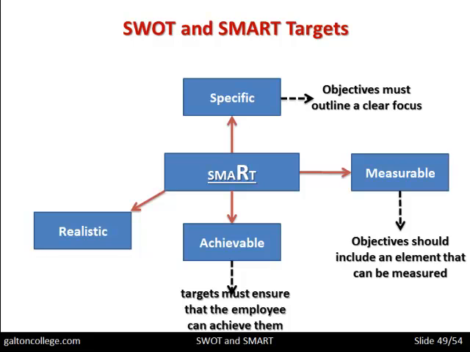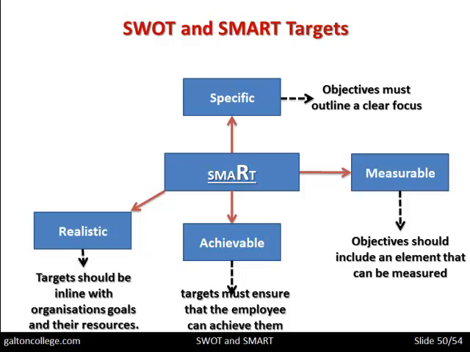The R is realistic. Targets should be in line with organizational goals and their resources. They should be realistic targets. Take asking the operator to learn how to program a new operating system for the computer. Now that's achievable under certain sets of circumstances.